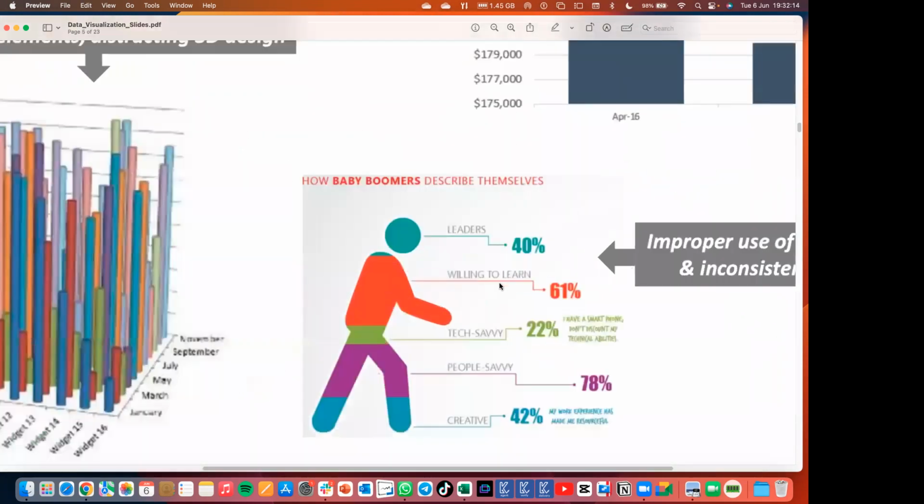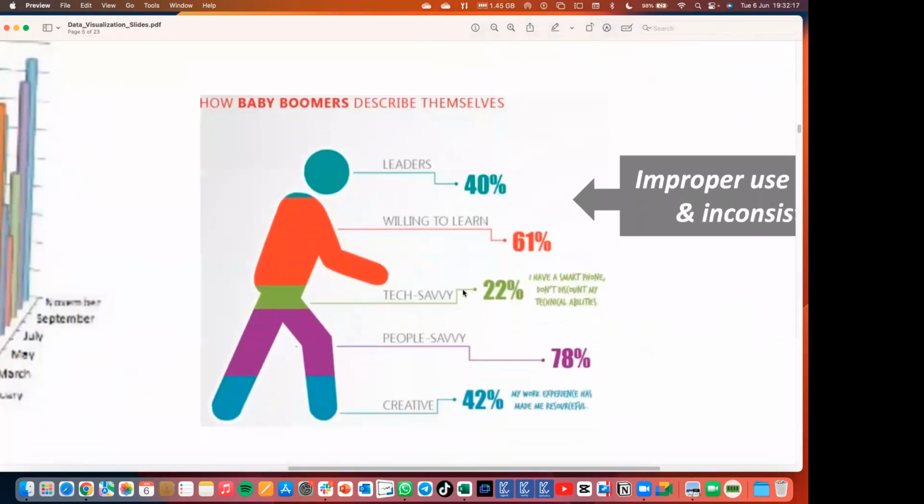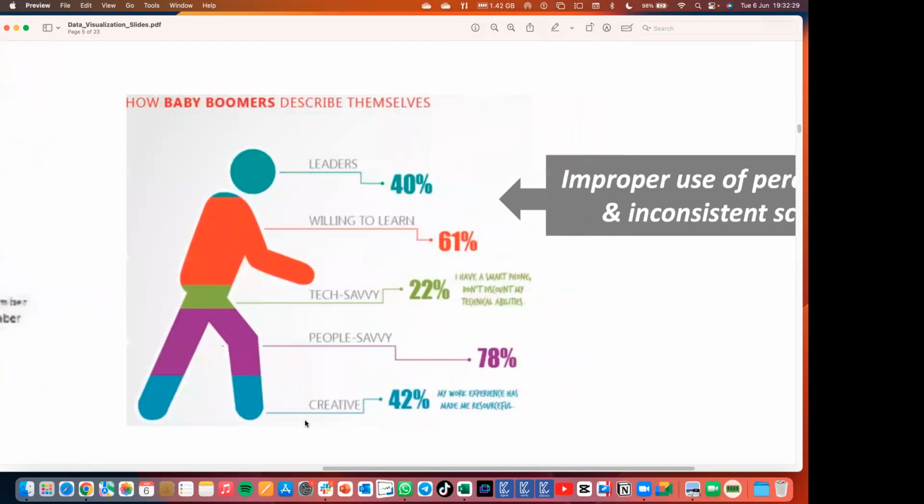Okay, now here we go. When we look at this, yes, someone is trying to bring out a good visual, but the way you use the colors is the poorest, and the way you use the percentages. When you present anything in percentage, it should always total 100.